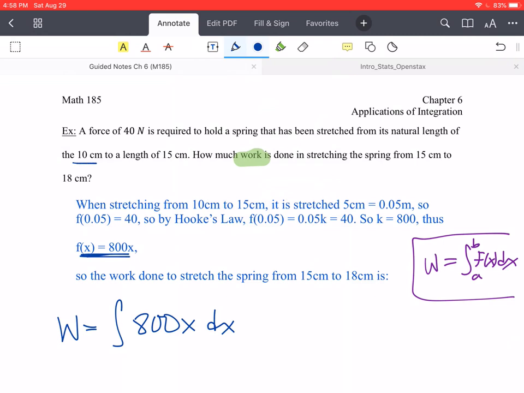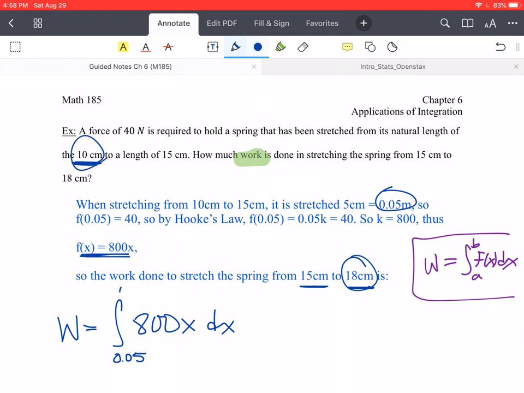Its natural length is 10 centimeters, so the amount above that at 15 is what we saw earlier, 0.05. So our lower bound is 0.05. It's getting stretched to 18 centimeters, which is 8 centimeters above its natural length.